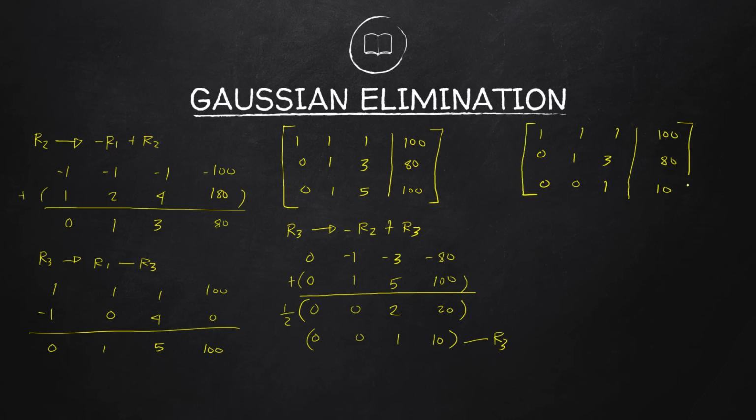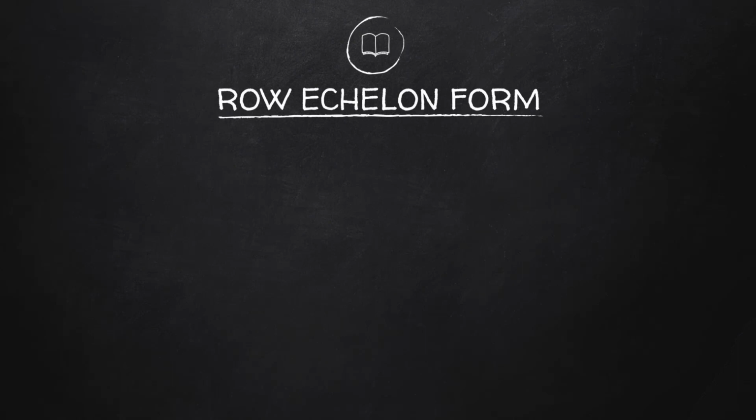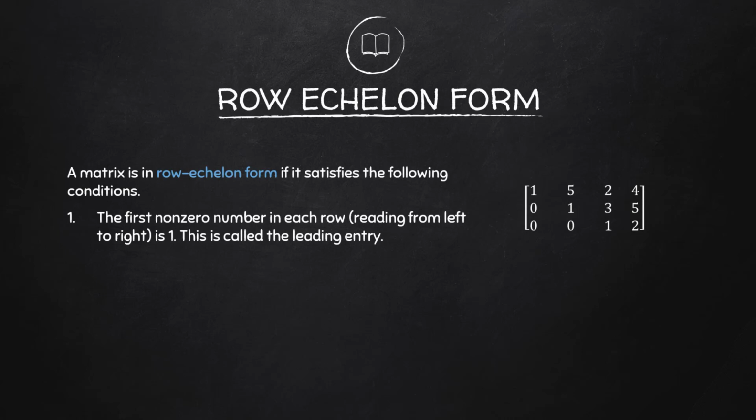Take note that this is in row echelon form. If you recall, row echelon form is a matrix which has the following conditions. The first non-zero number in each row reading from left to right is 1. We call these non-zero numbers from the left the leading entries. So that is 1, 1, and 1.